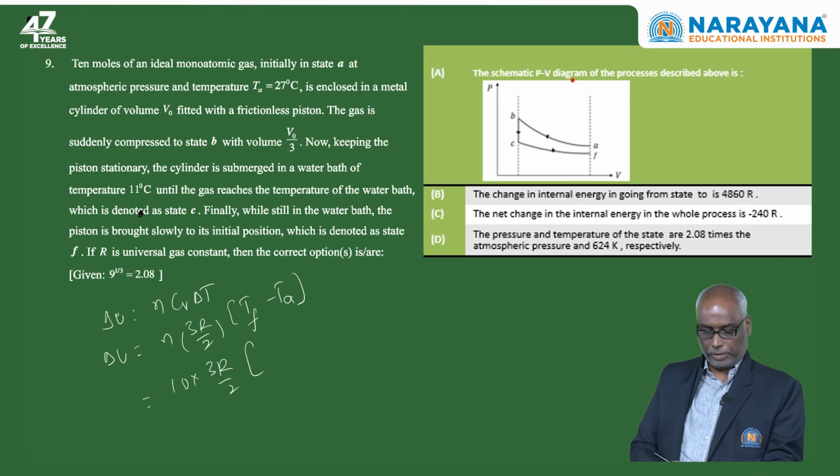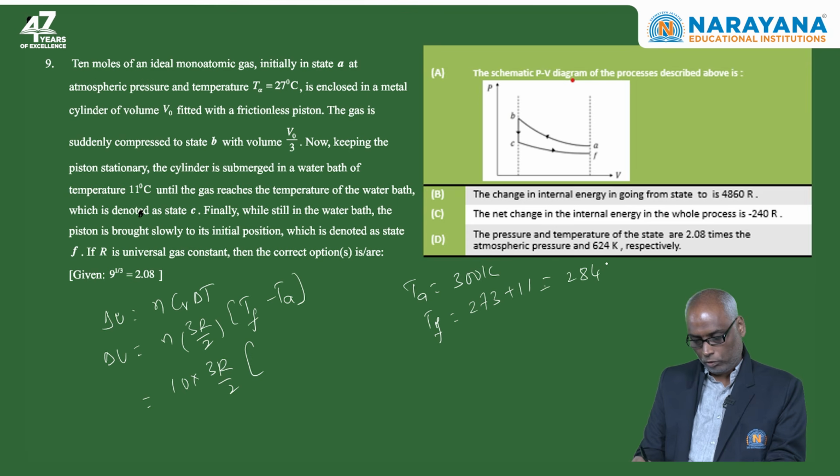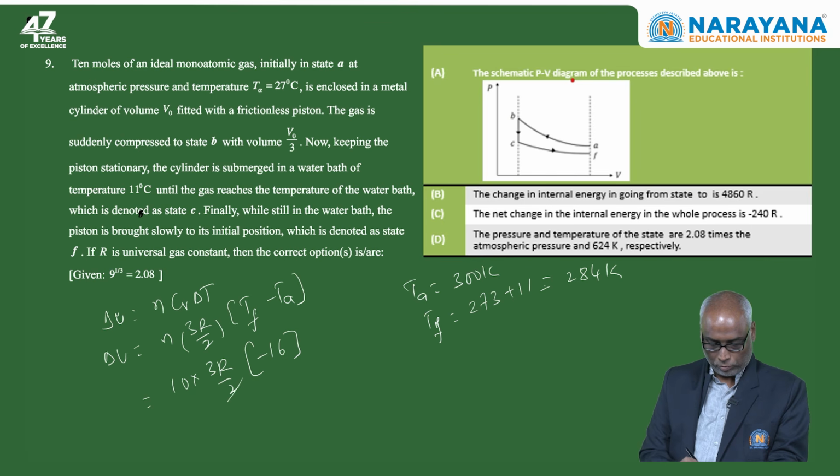Initial temperature at A is 300 Kelvin. Temperature at F is 11 degrees centigrade, which is 273 plus 11, that equals 284 Kelvin. When I take the temperature difference, we get minus 16. So, minus 16 times 15 gives minus 240 R joules. So, option C also should be correct.